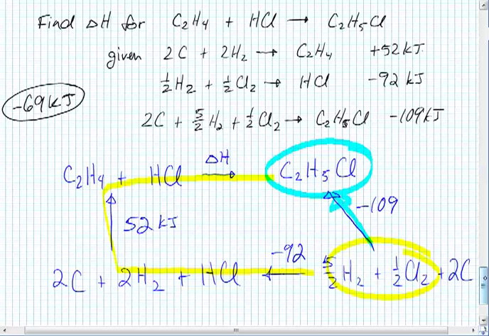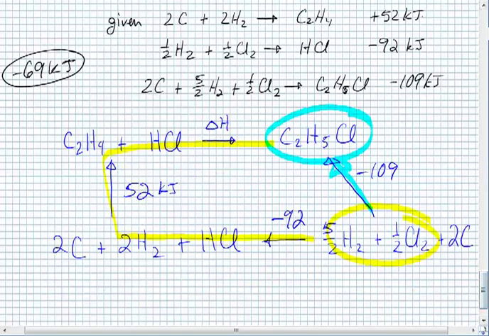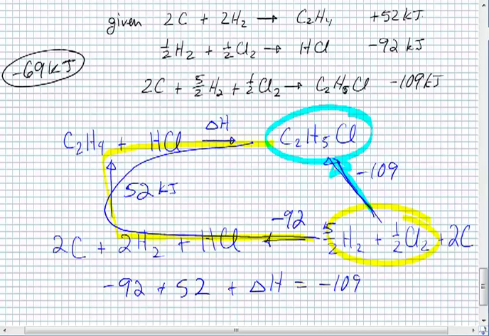So then all I'm going to do is start at the beginning there, and it's going to be negative 92 plus 52, and then plus delta H has to be the same as negative 109. So this path is the same as this path there.